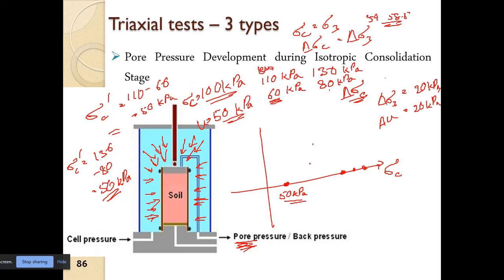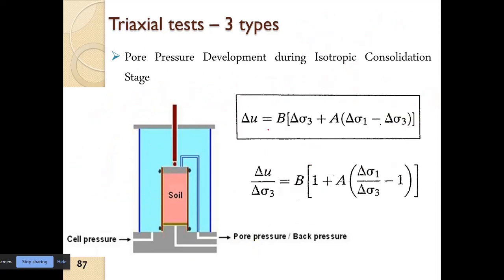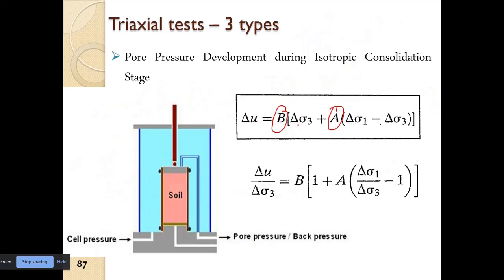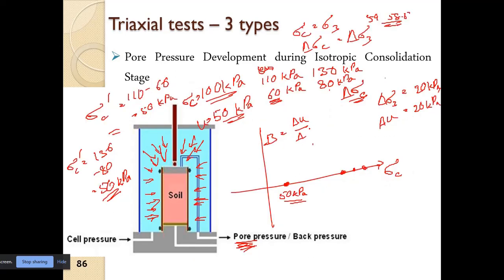In your previous classes, we have already discussed the pore pressure parameters, B and A. So here we define one particular parameter, that is the B parameter. B is equal to delta U by delta sigma 3.